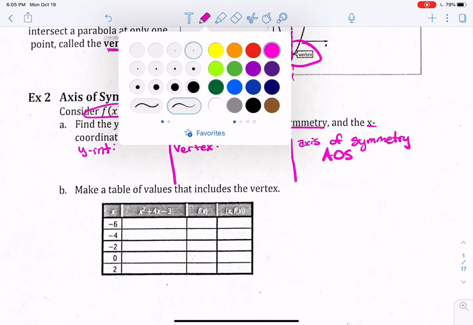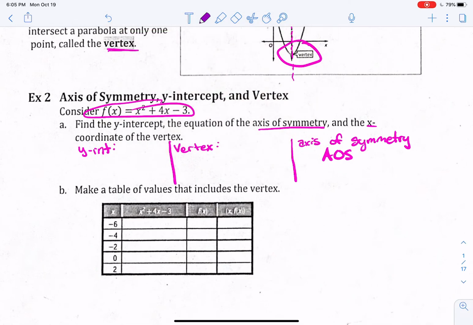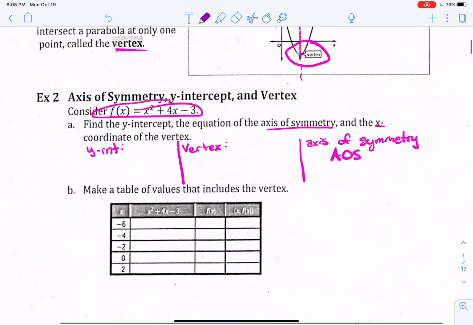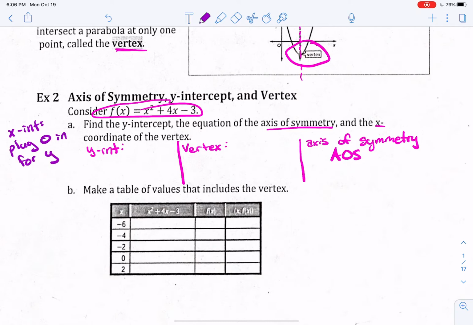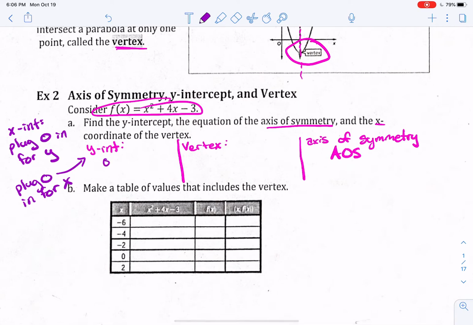So to find the y-intercept, we've talked about this before. When you're finding the x-intercept, let me just write a little note off to the side over here. X-intercept, you plug 0 in for y. And to find the y-intercept, you plug 0 in for x, okay? So that's what I'm going to do here: I'm going to plug 0 in for x. So I have 0 squared plus 4 times 0 minus 3.